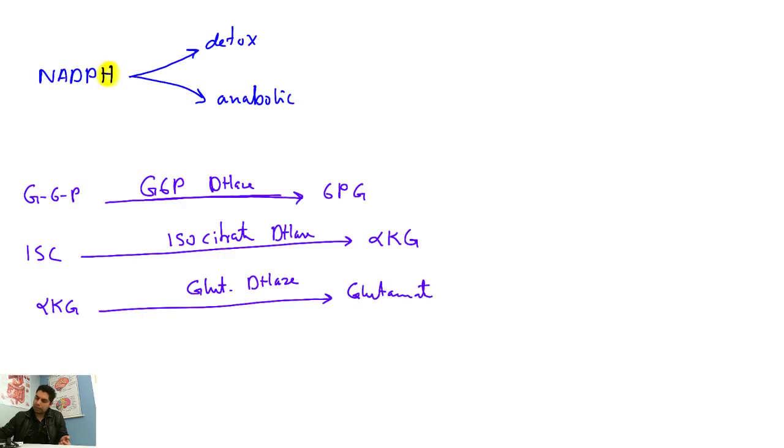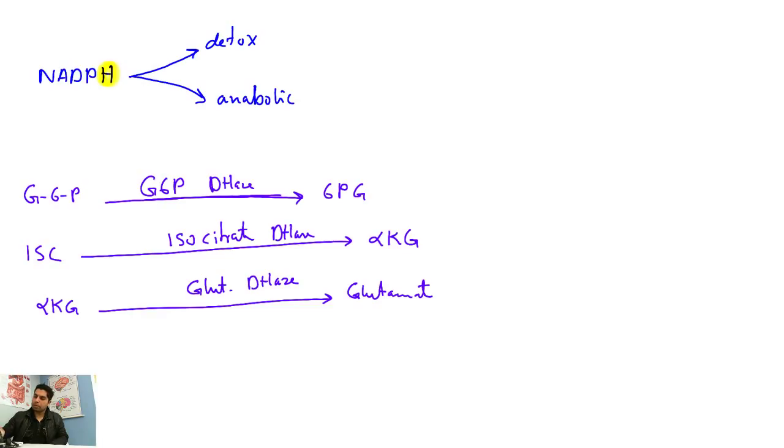All of them produce NADPH. But do you remember that isocitrate dehydrogenase in the Krebs cycle only produced NADH? There's a second version of it that can produce NADPH. It's the same enzyme but a different version. These are the three enzymes that I know of that can produce NADPH.